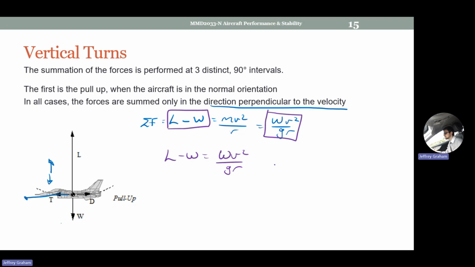We're going to divide through by the weight. This will be the same steps in all three stages here. Divide through by the weight. Lift over the weight, weight over the weight.